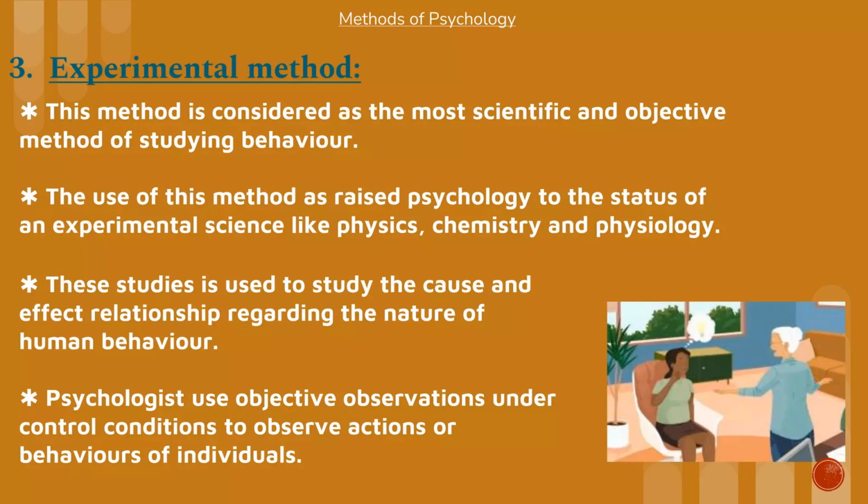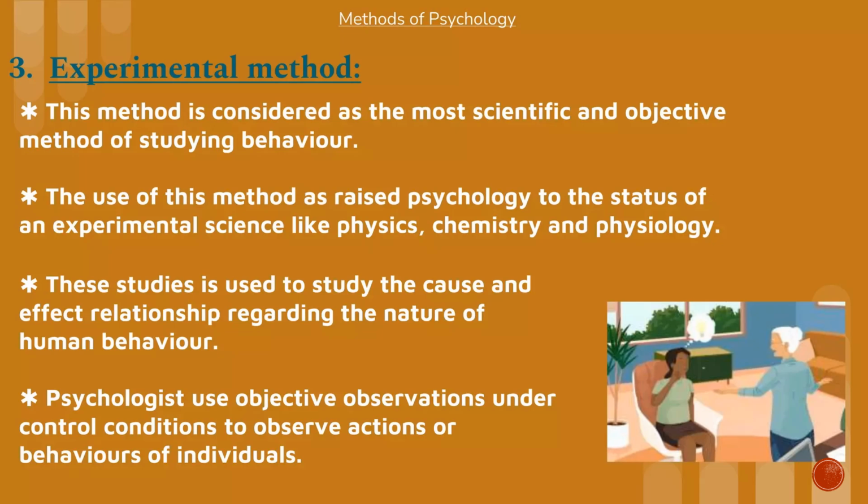Psychologists use objective observation under controlled conditions to observe the action or behavior of the individual. This means some kind of instrument or gadget is required to experiment with this method. So this is the experimental method.